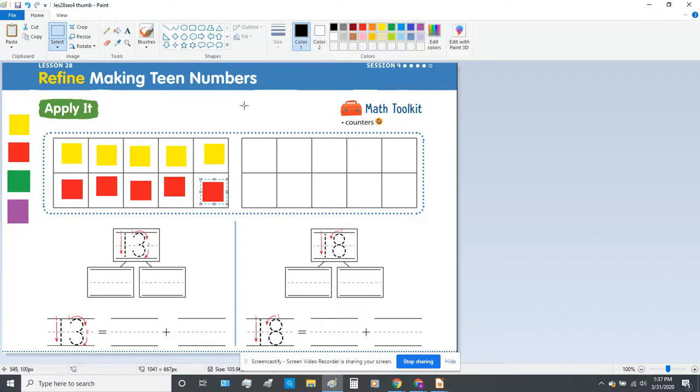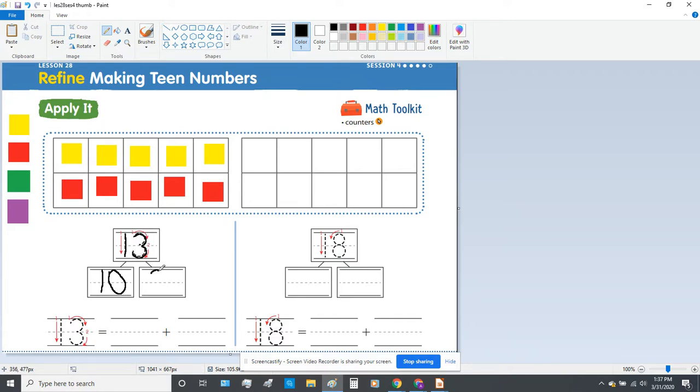Now we need to make the number 13. Let's take a look at what we need to do. We already know that 13 is made up of a group of 10, which we just built. And then how many extras are we going to need? The 1 comes from the 10, and this 3 here shows us how many extras.